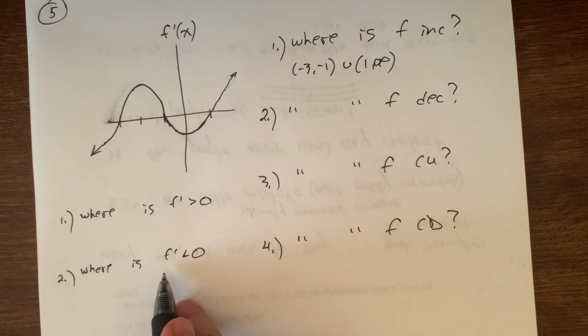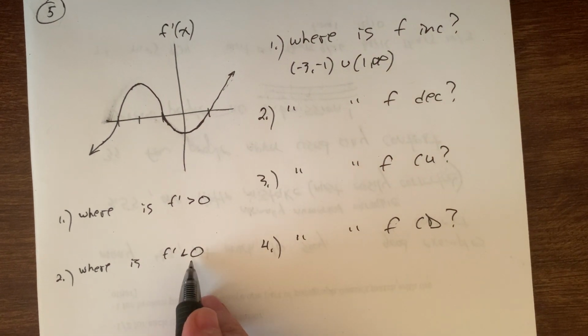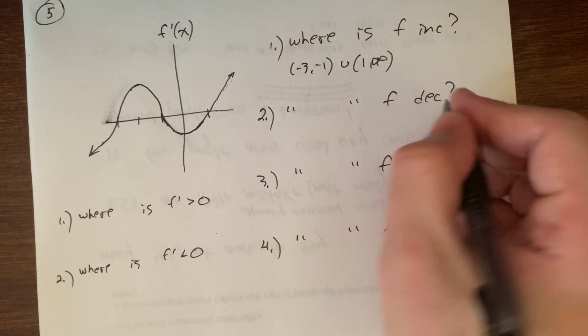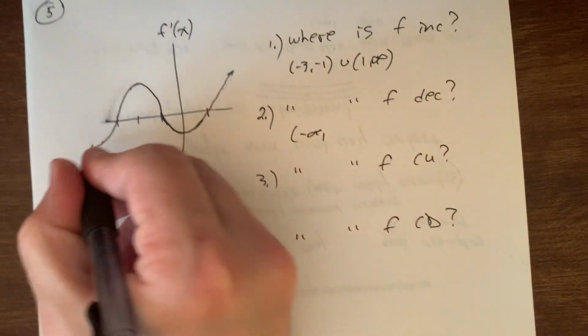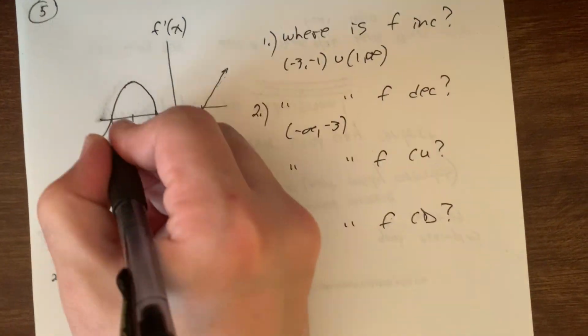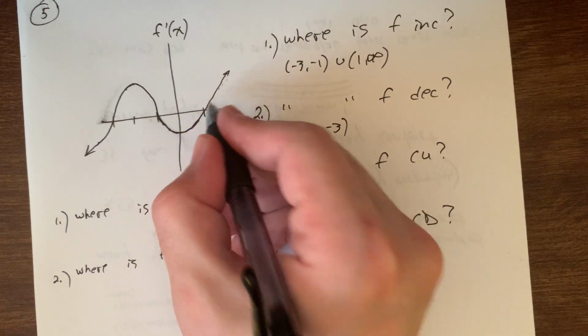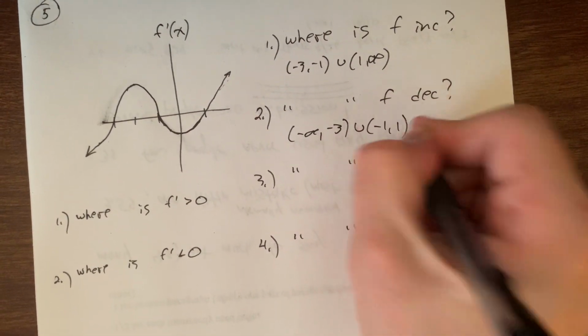So, just like we did before, where is the derivative less than 0? Well, it's under the x-axis here, so the original function is decreasing, -infinity to -3, all of this, and it would also be less than 0 here. That would be -1 to 1.